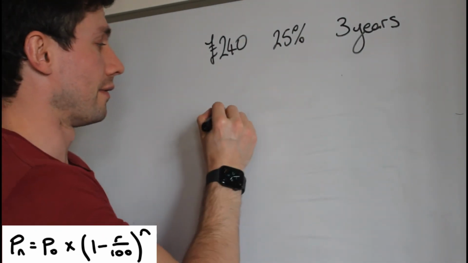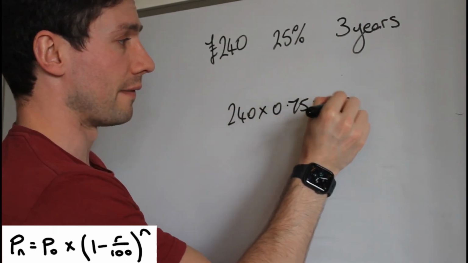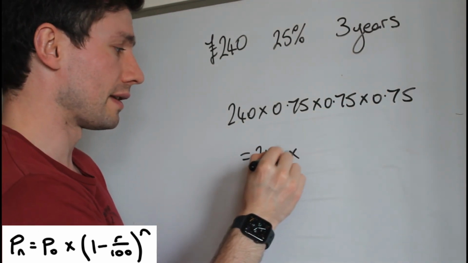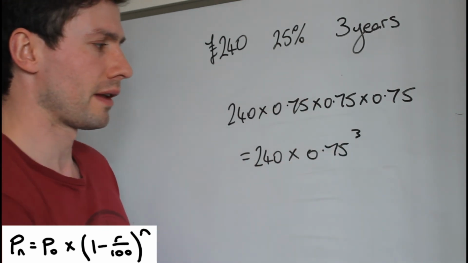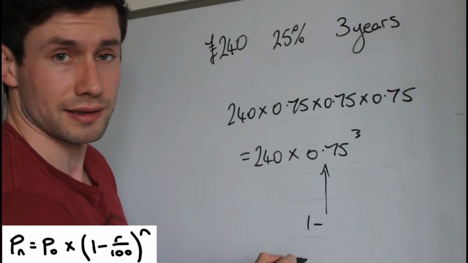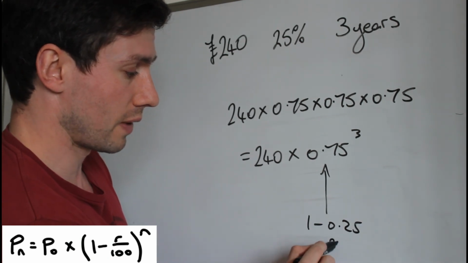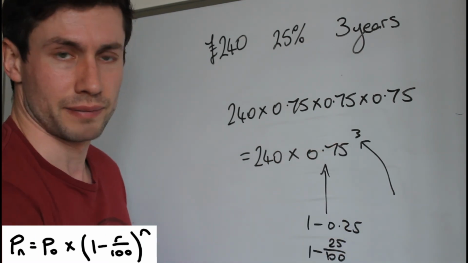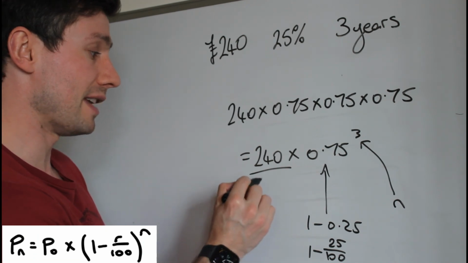So this is 240 times 0.75 times 0.75 times 0.75, which is just 240 times 0.75 to the power of 3. Now this 0.75 is just 1 minus 0.25, which is 1 minus 25 over 100. The 3 is the number of periods, number of years, that's n, and this 240 is the initial amount, which is P0.